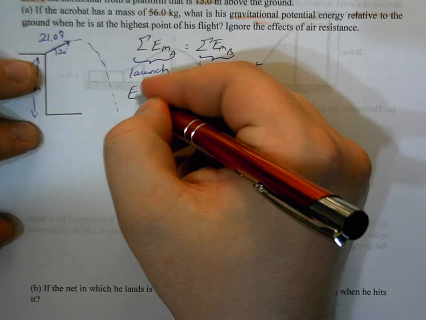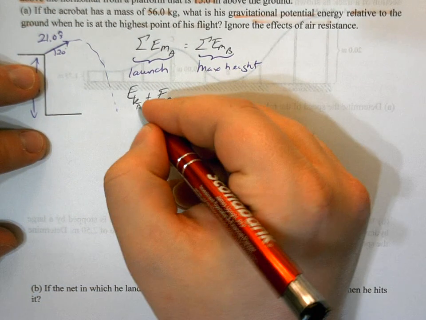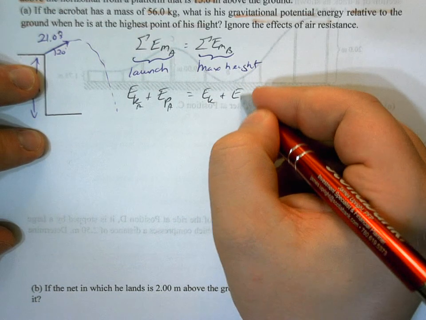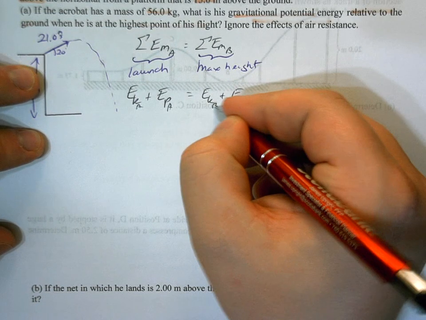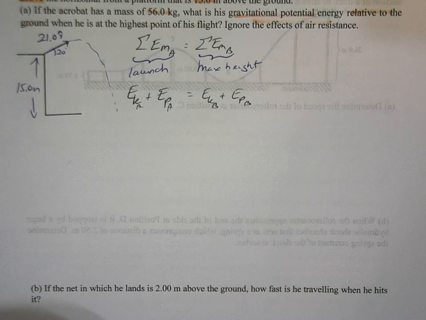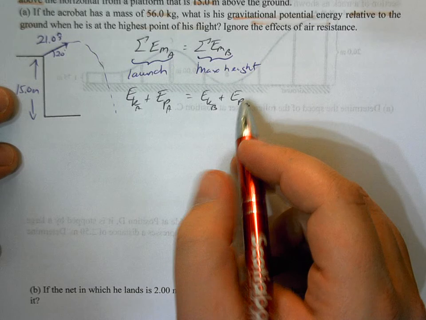So I could rewrite this and say that the kinetic plus the potential at the launch point is equal to the kinetic plus the potential at the maximum height. So what we are interested in finding is this potential at maximum height.